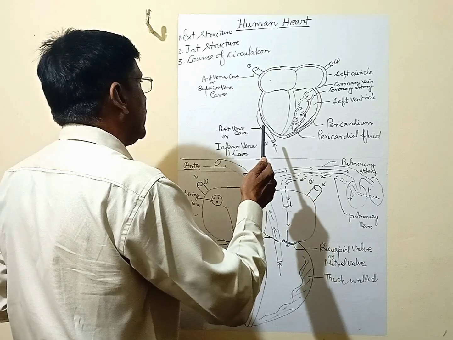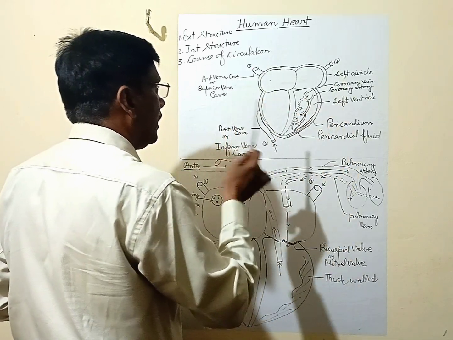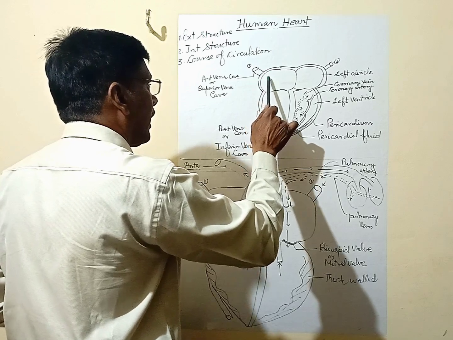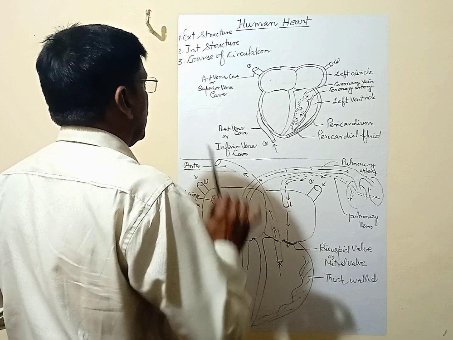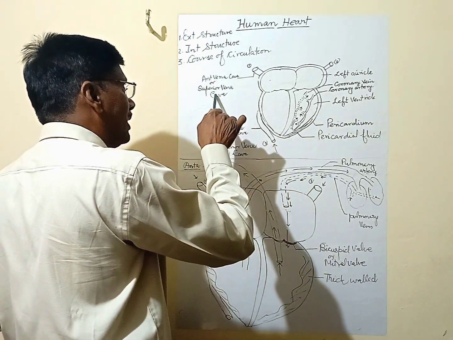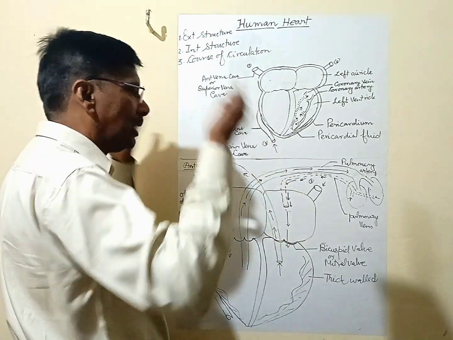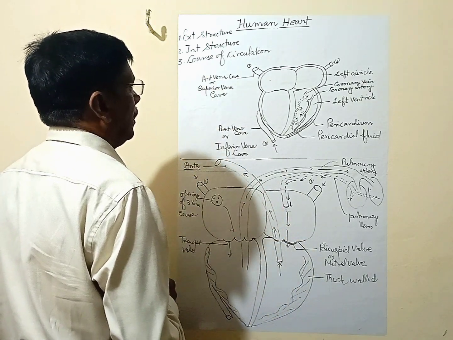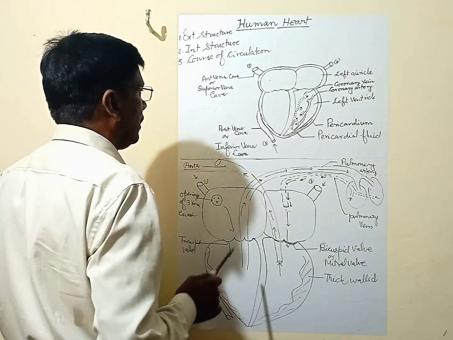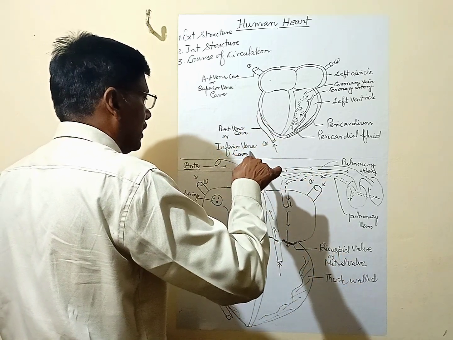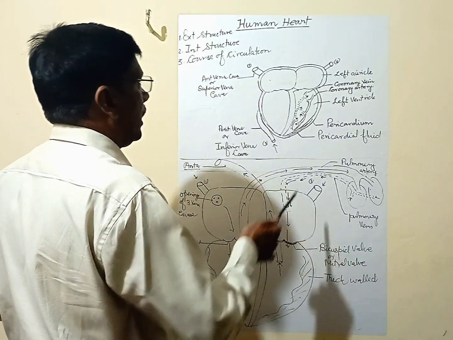In anatomy you will see all three vena cavae open into the right auricle, with independent openings. Another name of the anterior vena cava is the superior vena cava, maybe because it brings blood from the upper parts. And this one is the inferior vena cava. Keep this in your mind.